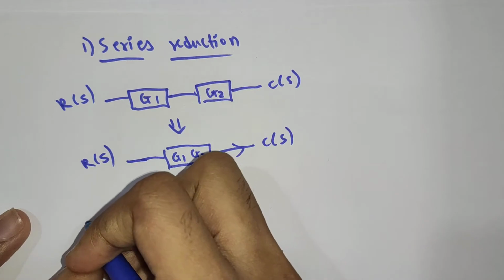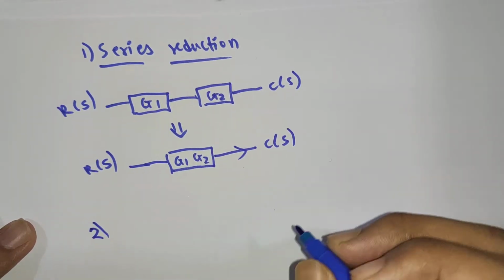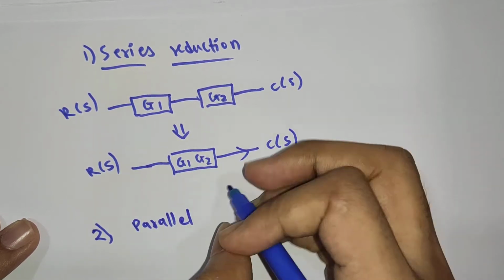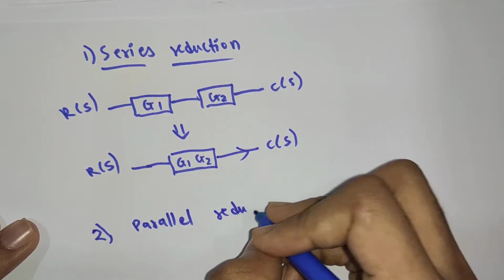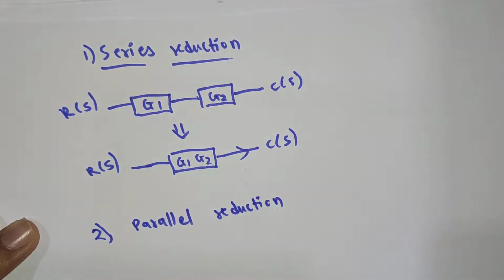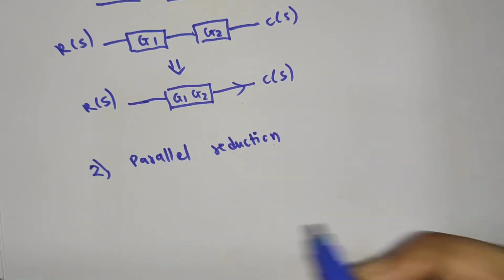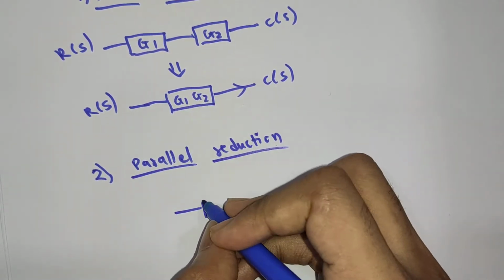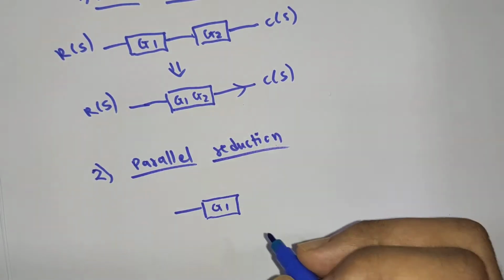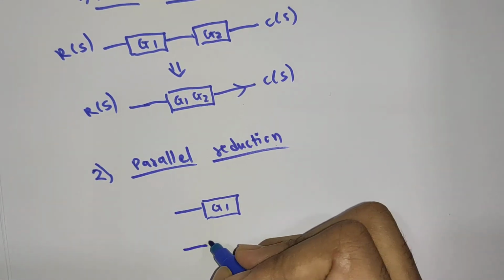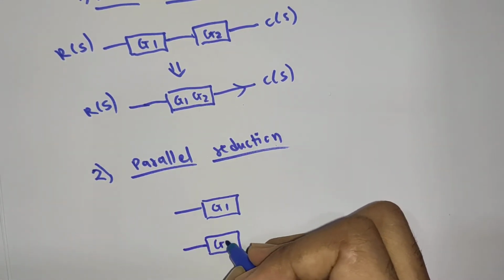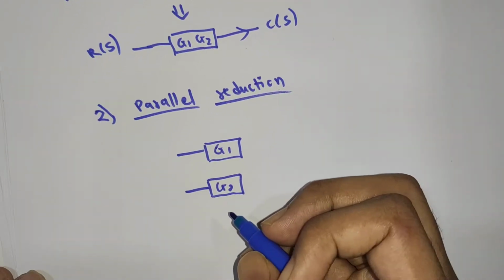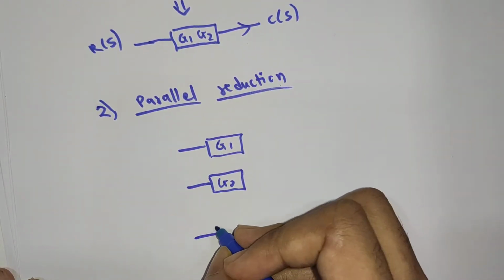Now the second rule is parallel reduction. How do we identify blocks connected in parallel? Let's take a block G1, another block G2, both going in the same direction, and another block G3.